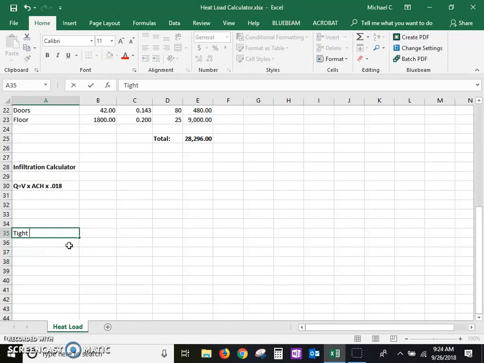V is volume. Tight, medium, and loose construction.